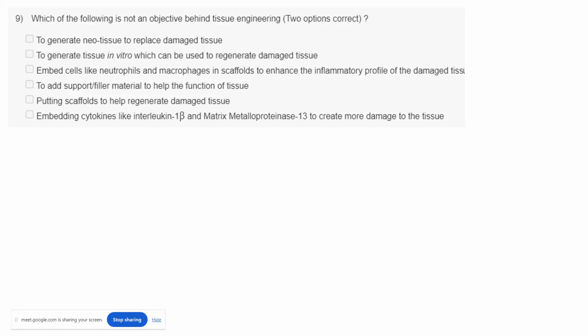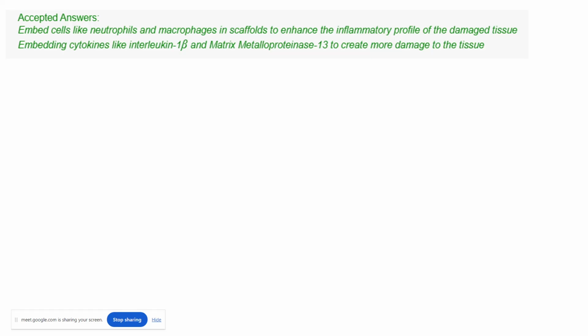What are the two correct options here? Option 3 and 6 would be the correct answer.